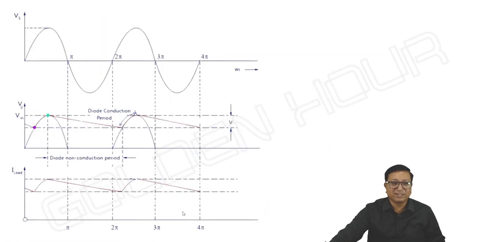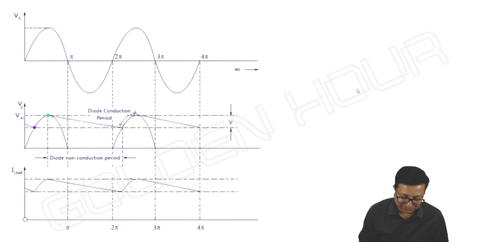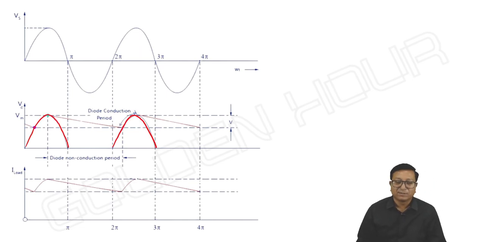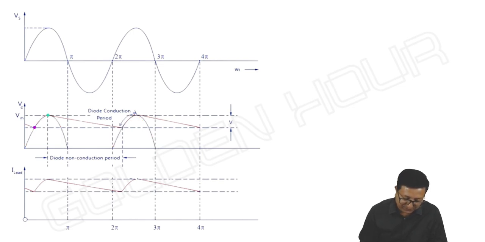Okay, now I'm considering that case and analyzing it. So in steady state, what we can observe is Vs, right? We know the half wave rectifier circuit. Without a capacitor, we know how the waveform comes. This is the waveform we can see without capacitor, only with RL. But with the capacitor, we can observe this kind of output waveform with larger time constant.